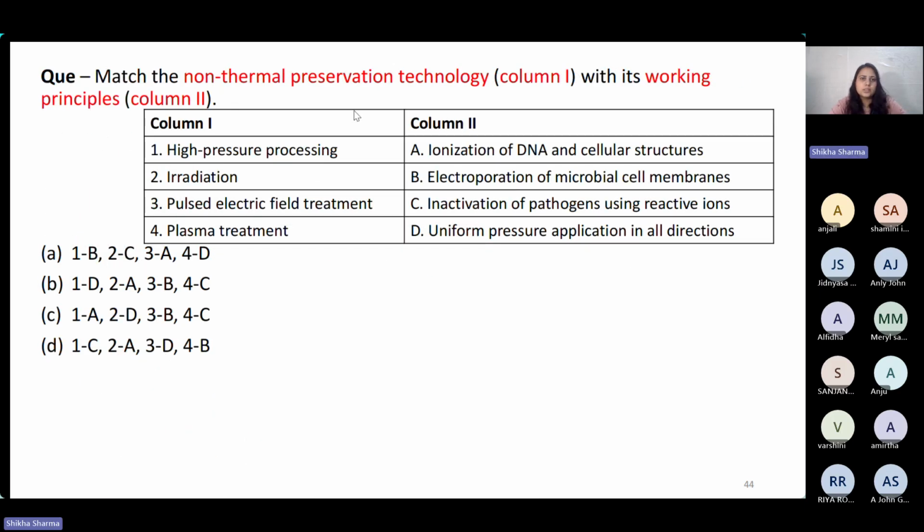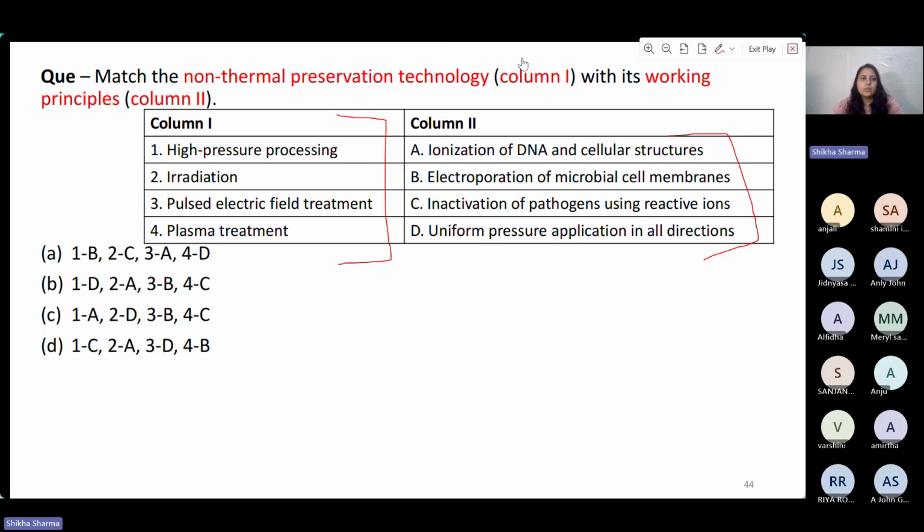Okay, let's discuss this question. In column 1, we have the non-thermal preservation technologies like HPP, irradiation, PEF, and plasma. And in column 2, we have some working principles: ionization of DNA and cellular structures, electroporation of the microbial cell membrane, inactivation of pathogens using reactive ions, and uniform pressure application in all directions.